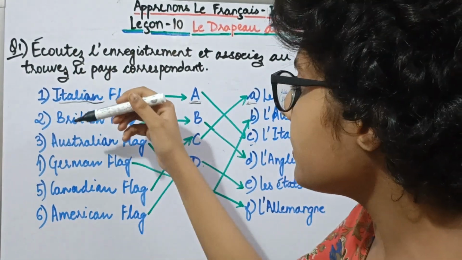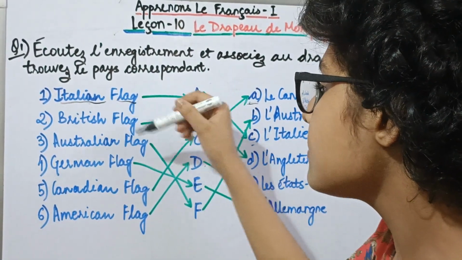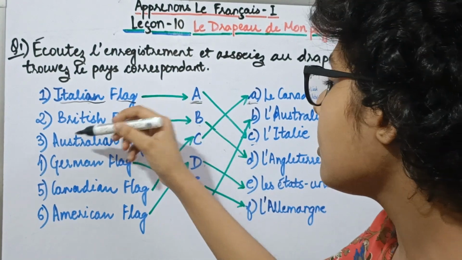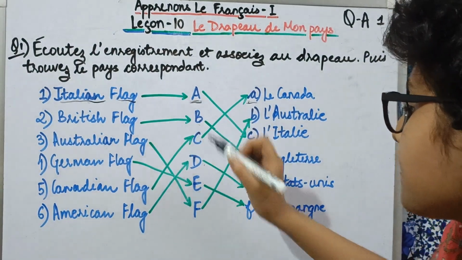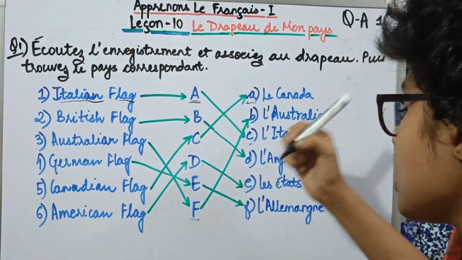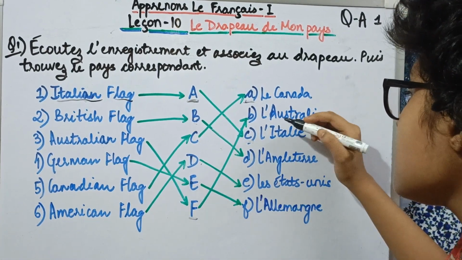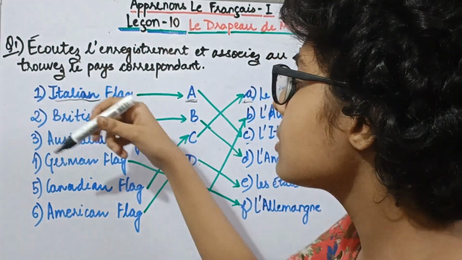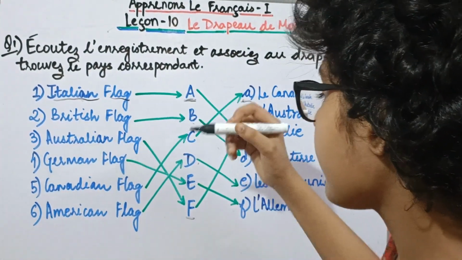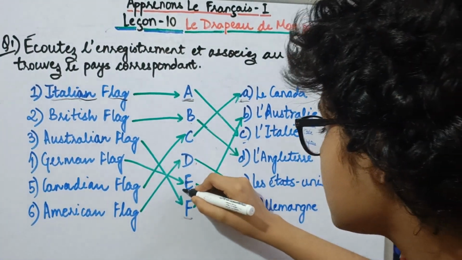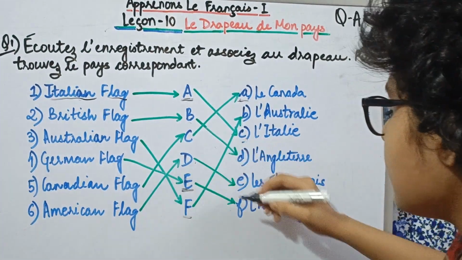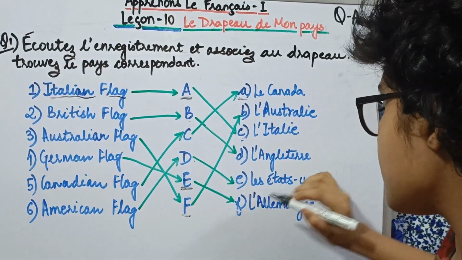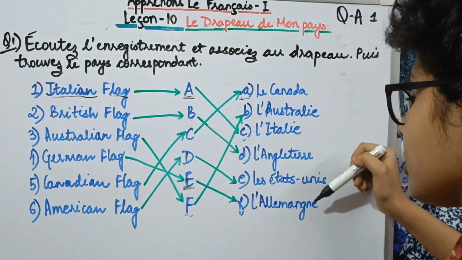Then we have the third part, in which we have the flag of Australia, which is an Australian flag. It corresponds to the F description, and the country is l'Australie. Then we have the fourth part, that is the German flag, that matches the description of the E part, and the country it matches is the F country, that is l'Allemagne.